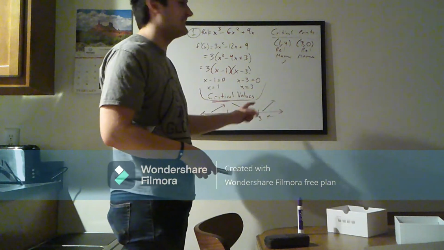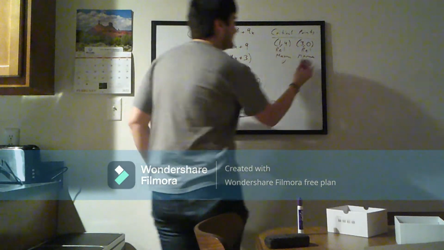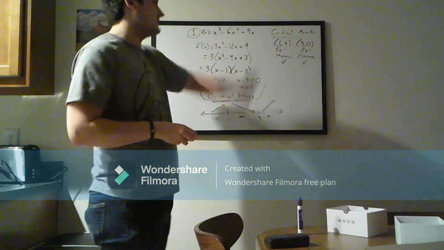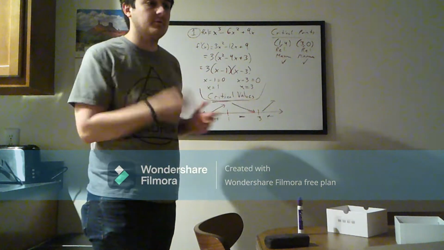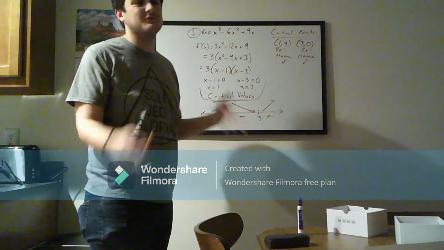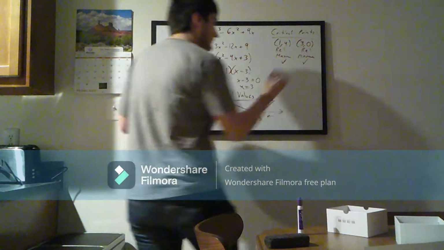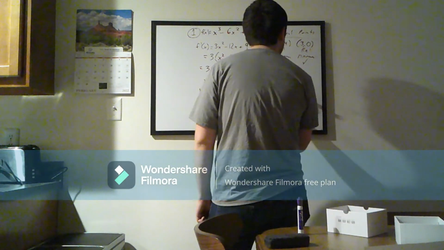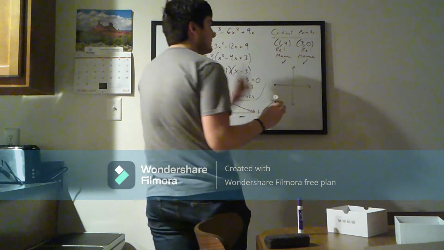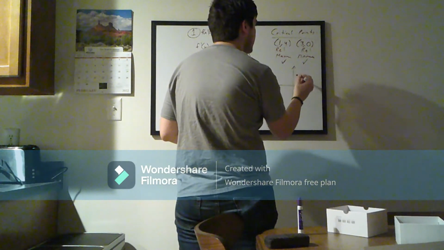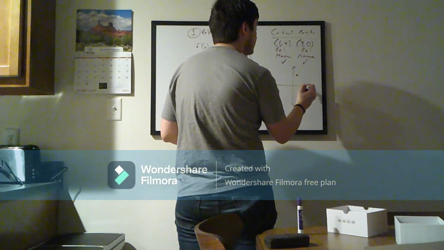So, 3, 0 is a relative minimum point. Good. Now, what is that going to tell us about our graph? Well, we're going to learn in 3.2 that there's maybe more we could do if we wanted to, but for now, let's just go ahead and give a good sketch of what this might look like. So we have 2 points. We have the point 1, 4, and we have the point 3, 0.